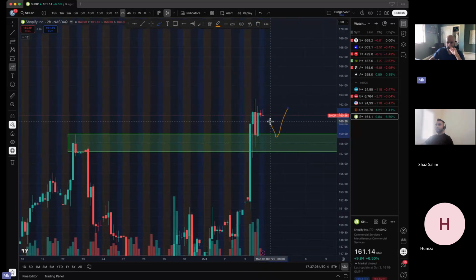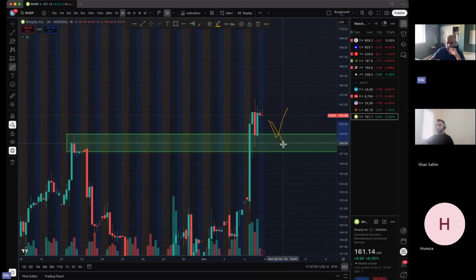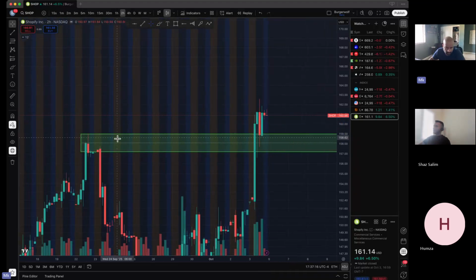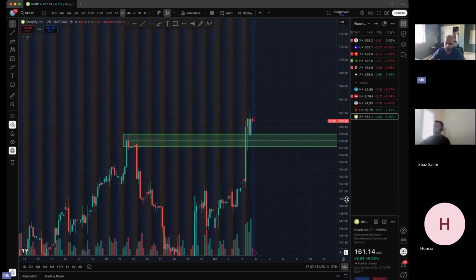But given how Shop moves, you know better than me, it might just do this for a while before it goes. But this would be a definite area of interest for a pullback. This would be a healthy area for the pullback.